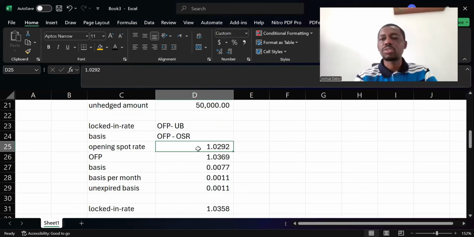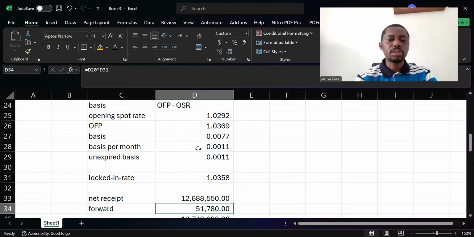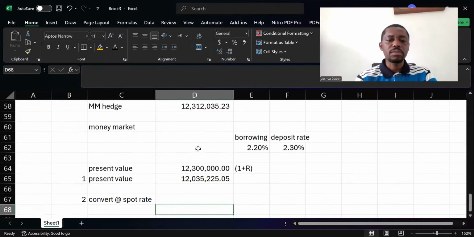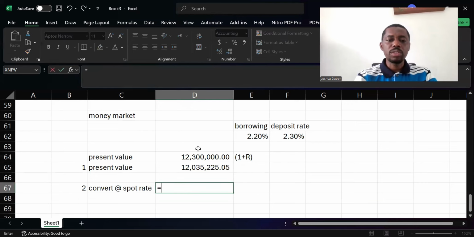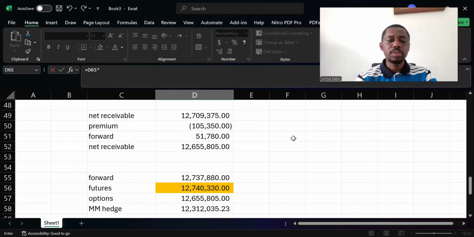So we are doing the conversion using the opening spot rates. So what will that give us? The same way we did the conversion, multiplying this, we are taking it to the local currency times the opening spot rates.